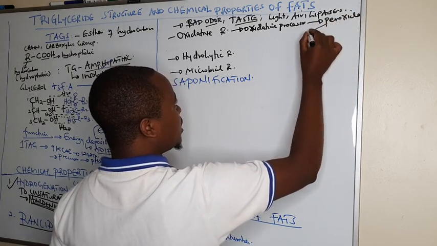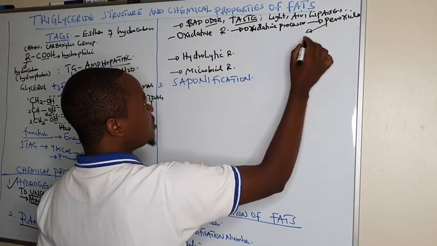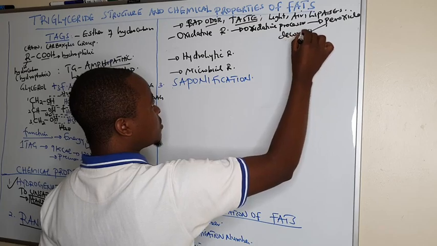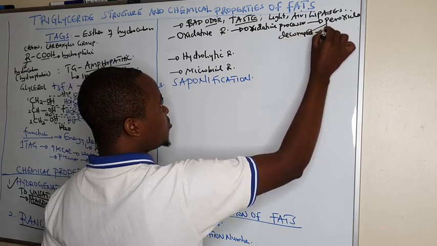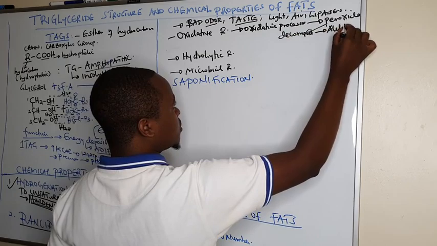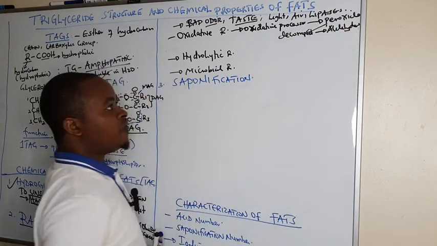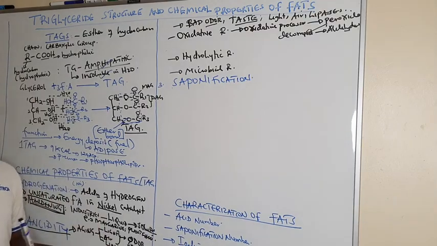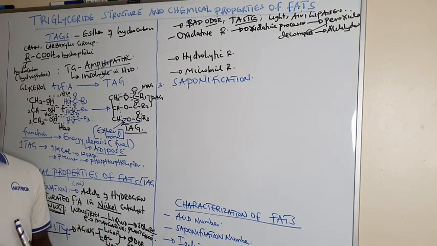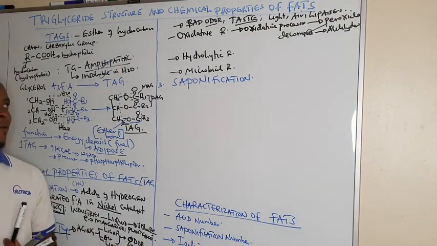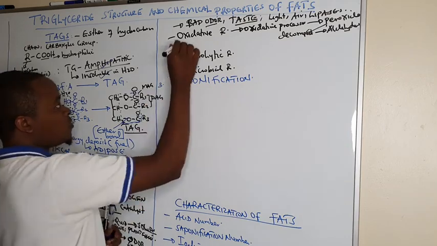And these peroxides can continue to undergo decomposition. They can decompose to form aldehydes. And these aldehydes can even lead to formation of toxic substances in fats, which can bring cancerous cells, or which are carcinogenic. That is what we can see under oxidative.